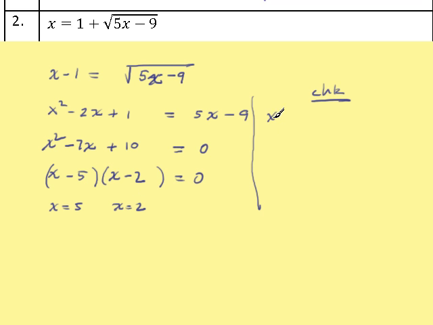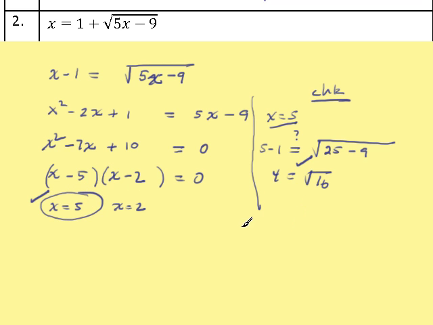First for x equals 5, substitute in: 5 minus 1 equal to the square root of 25 minus 9. That's 4 equal to the square root of 16. That checks. So this is a valid solution. Let's try x equals 2.